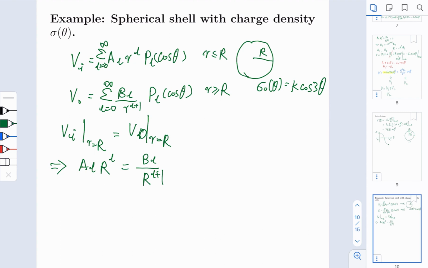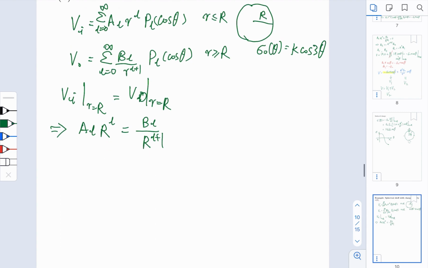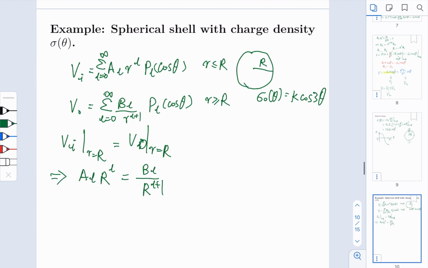And now the second condition is that the normal derivative of this system should be discontinuous. And this discontinuity is actually defined by this charge.